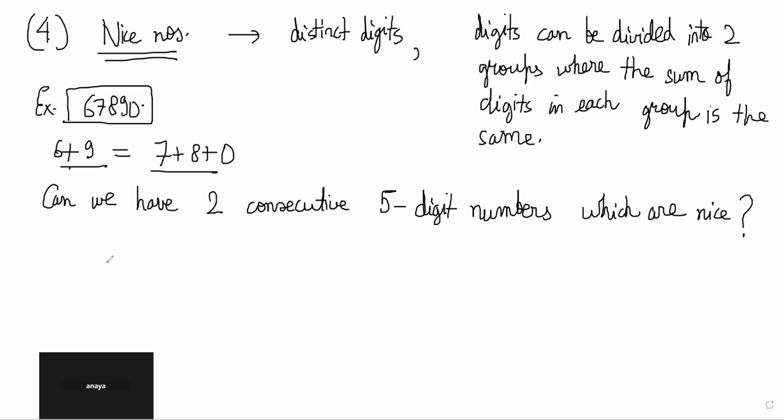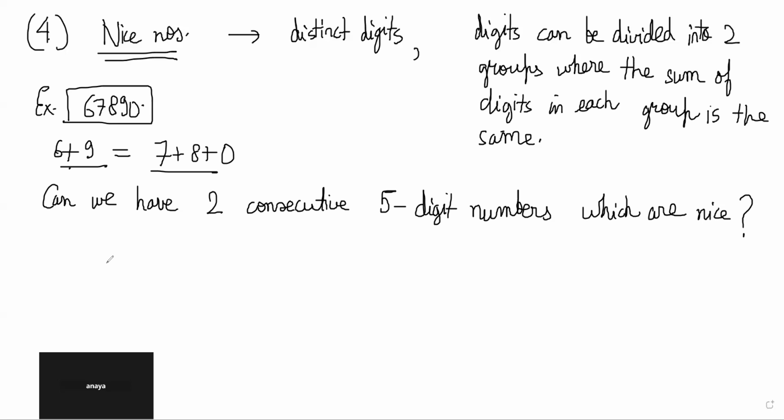Did you get something here? Yeah. So what I did is, it says that two consecutive 5-digit numbers, both of them have to be nice. But if they're consecutive, one of them is just going to add one to the other. So then I said that one of them has to carry over. So the last digit should be 9, and the next number's last digit would be 0 because you're carrying it over.